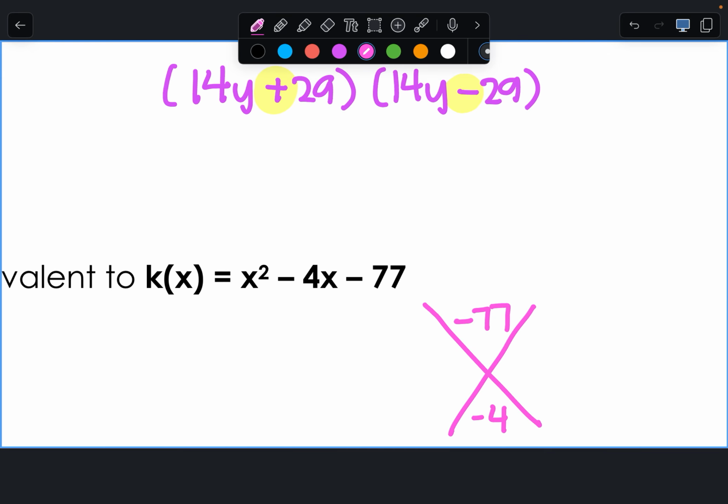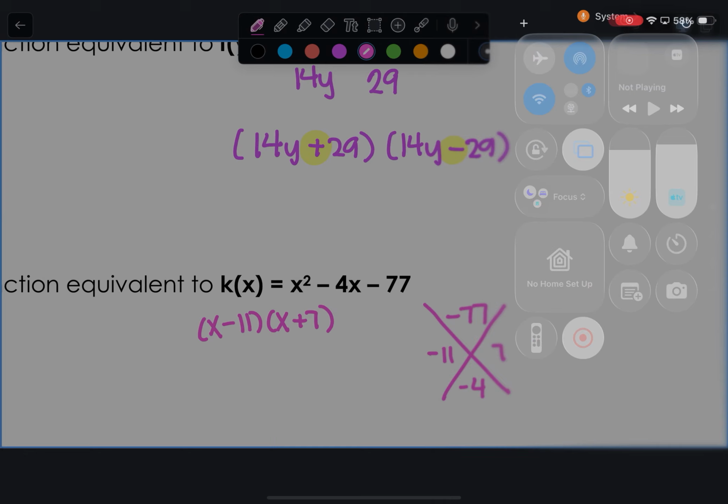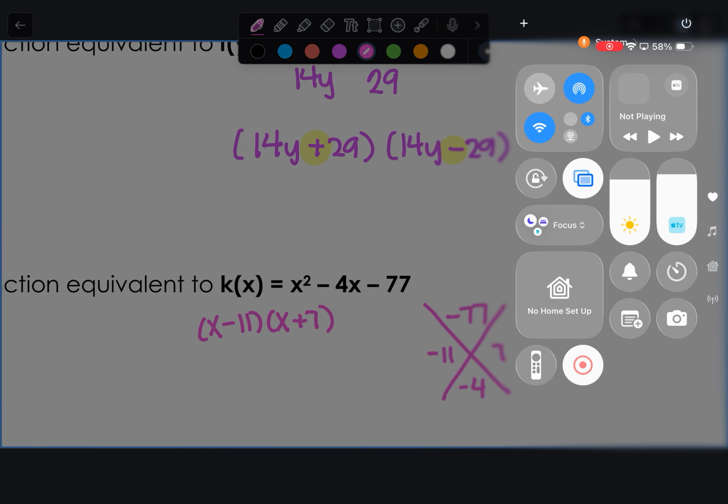Well, you want the bottom number to be negative, so it should have been negative 11. You have to put the negative on the 11. So x minus 11, x plus 7. Because there's no number in front, that's it. Easy money. We're done.